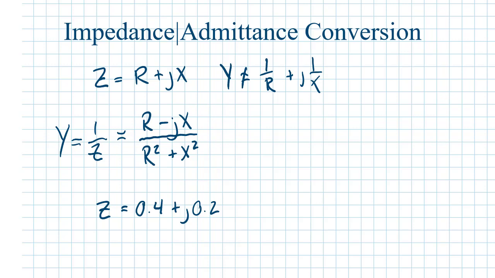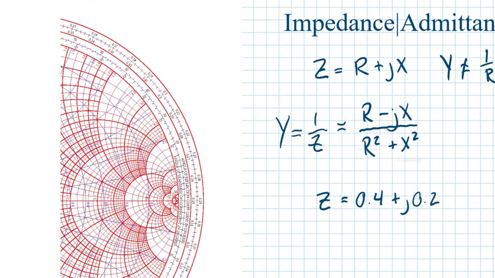We can convert that to admittance simply by plugging the numbers into the formula and seeing what numbers come out. But what's a little bit interesting, as I said before, is to look at it on the Smith chart. And I just happen to have a Smith chart available.